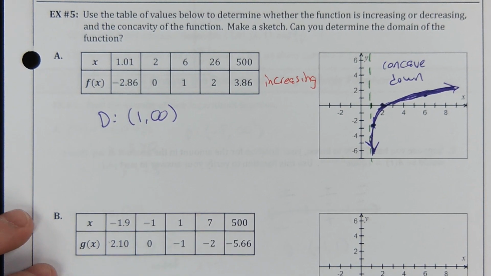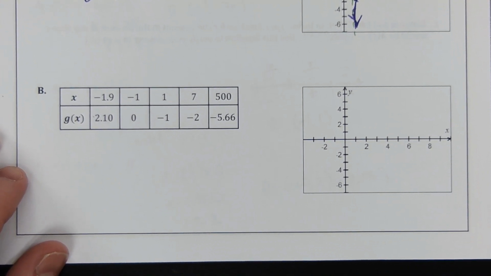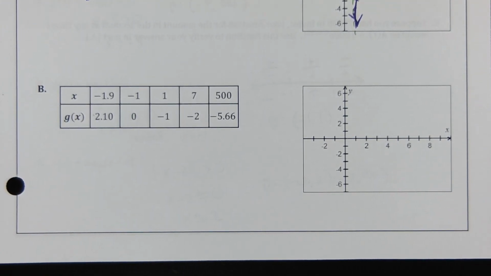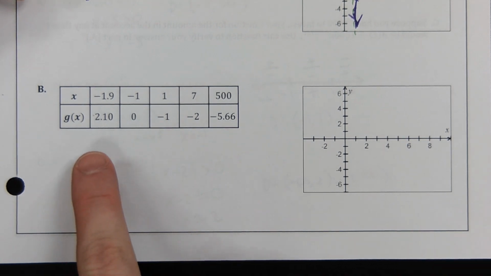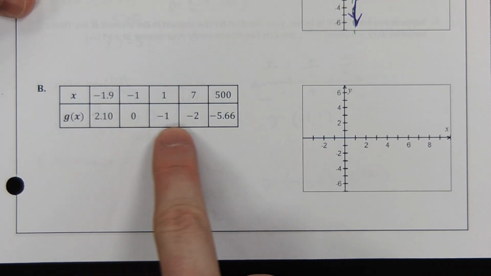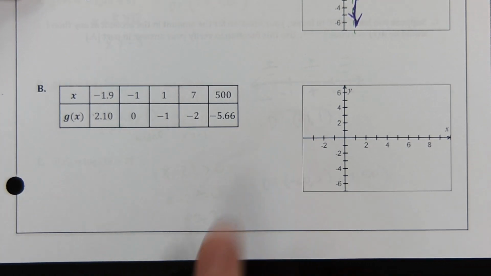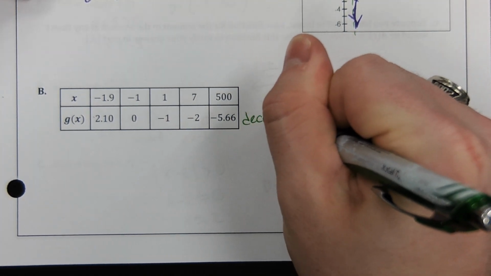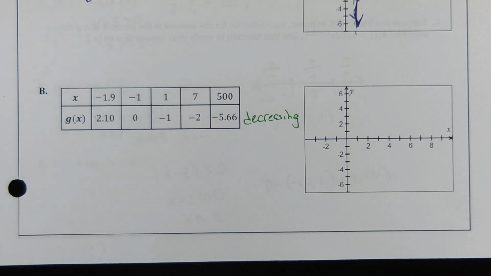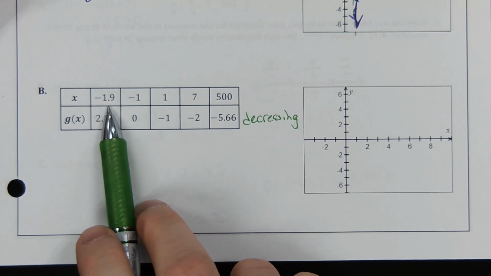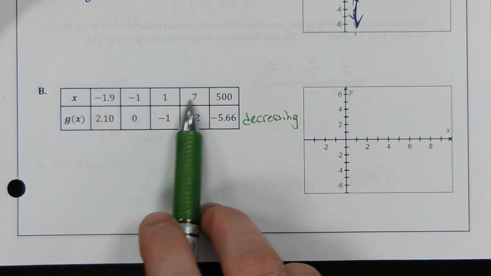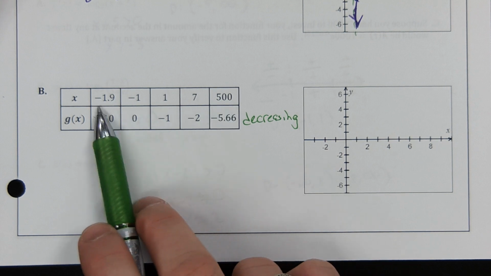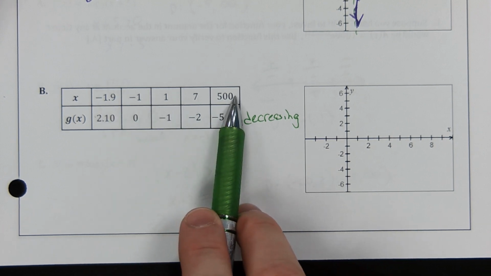We're going to do the same thing with this next example. I'd like for you to see that the y values are going down. So this is decreasing. And look at these x values. As you try to go, I mean, it looks like we're going unbounded to the right.